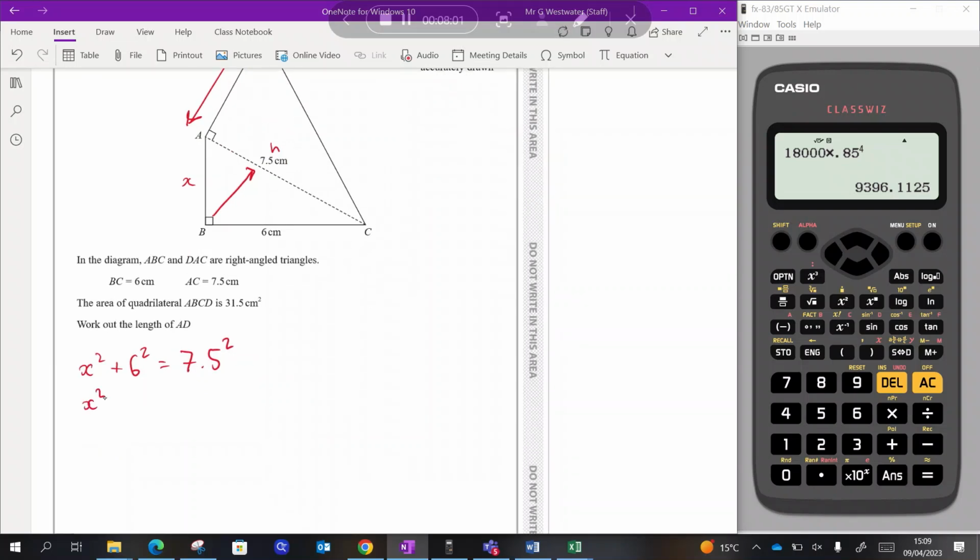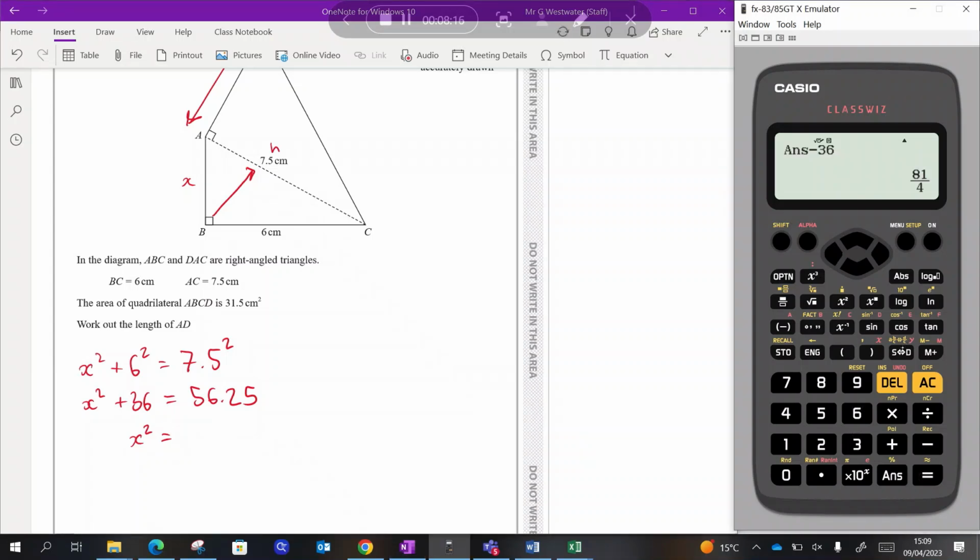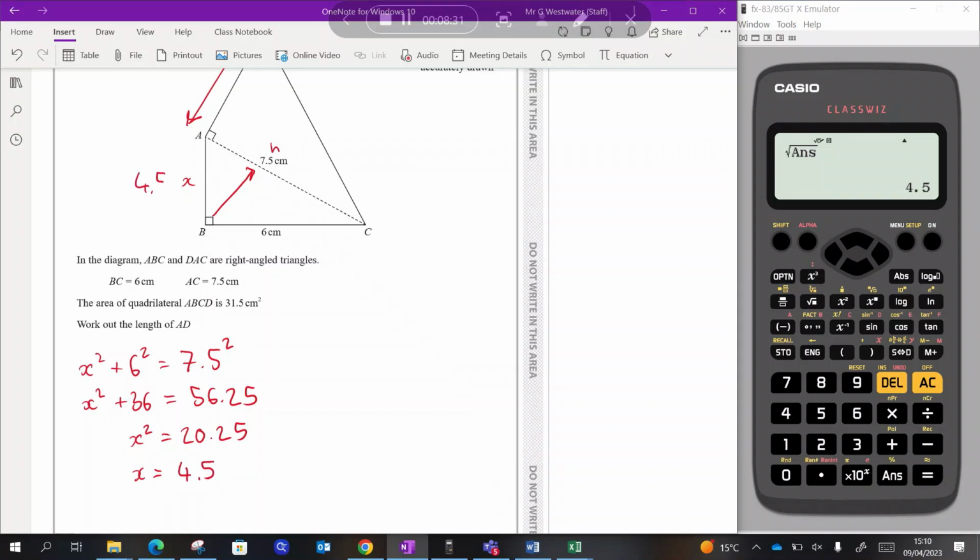So x squared plus 36 equals, what is 7.5 squared? 56.25. So take away 36 from both sides, and we have 20.25. And if I square root that, that seems nice, 4.5. Okay, so x is 4.5.